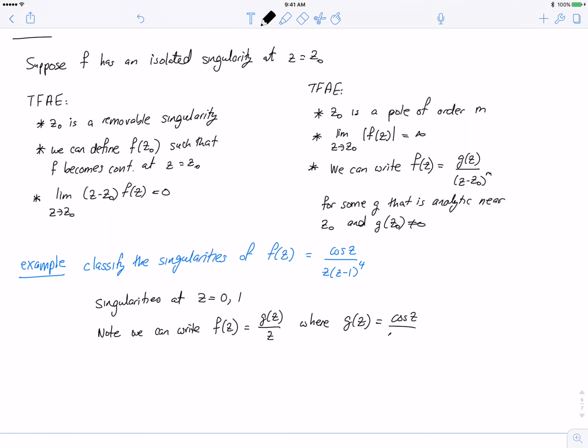Sorry, I had that the wrong way around, guys. That's easy to see. If you take g as I've written it there and divide it by z, you'll get exactly f.